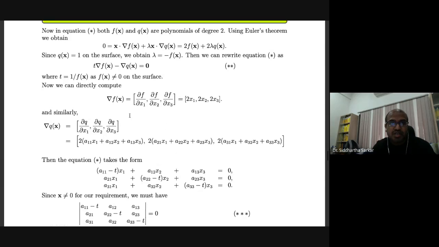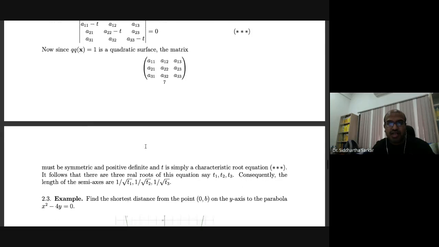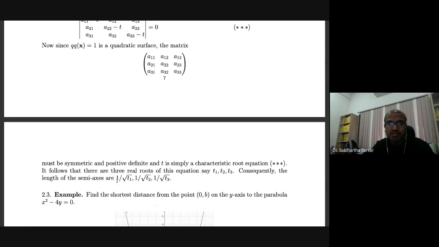T is just 1 upon f(x), where f(x) represents the square of the distance. So you just take the square root of that and invert it, you end up getting something like this. Those are the lengths, and it's very nice over here.